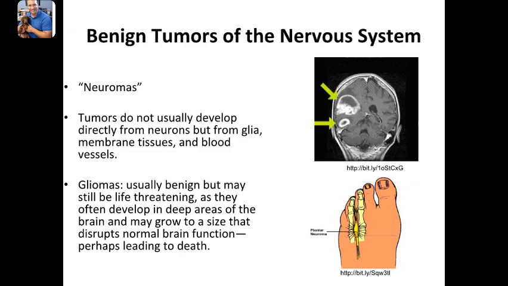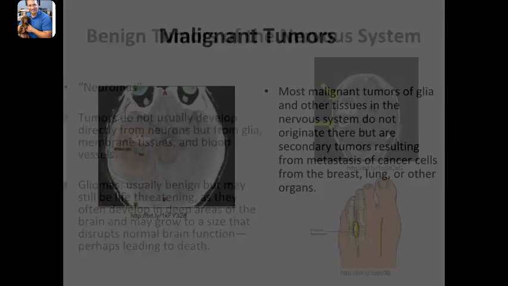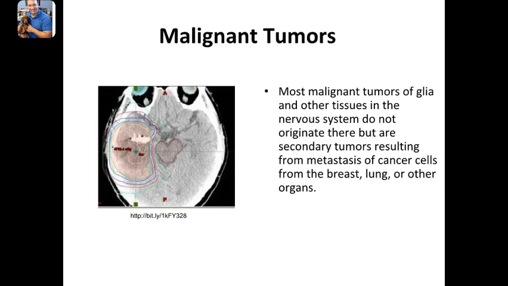Malignant tumors, they are growing, they are expanding. They are making other cells in the nervous system cancerous, and it's spreading. Not good, okay? Now, these most commonly don't originate in the brain or the nervous system. Instead, they are typically passed on through the vasculature, through the arterial system, through the lymphatic system.